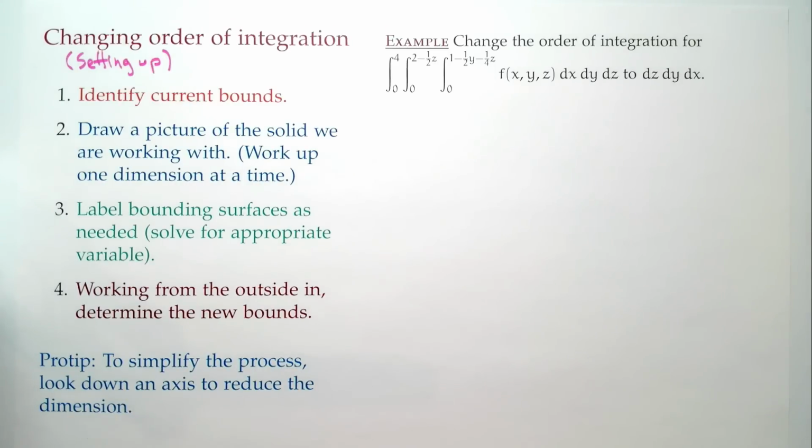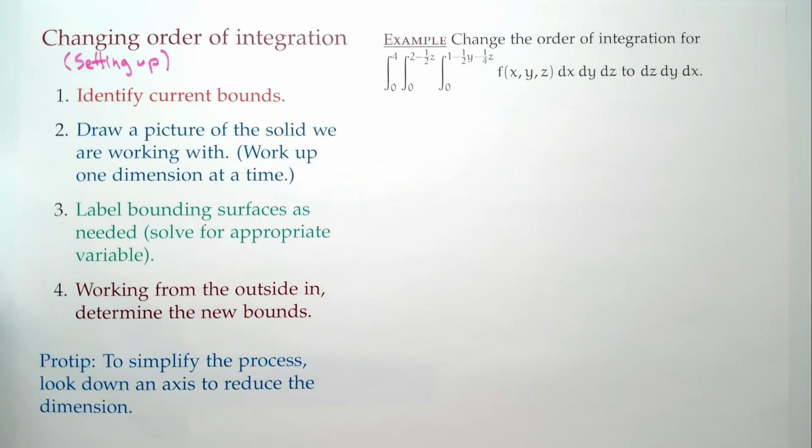So here we go. Example. Change the order of integration for the integral from 0 to 4, integral 0 to 2 minus a half z, integral 0 to 1 minus a half y minus a fourth z, f of x, y, z, dx, dy, dz, and we're going to change the order of integration to be dz, dy, dx. All right.